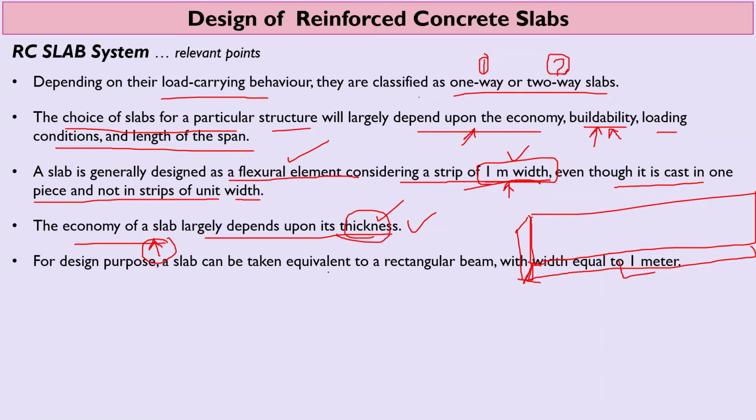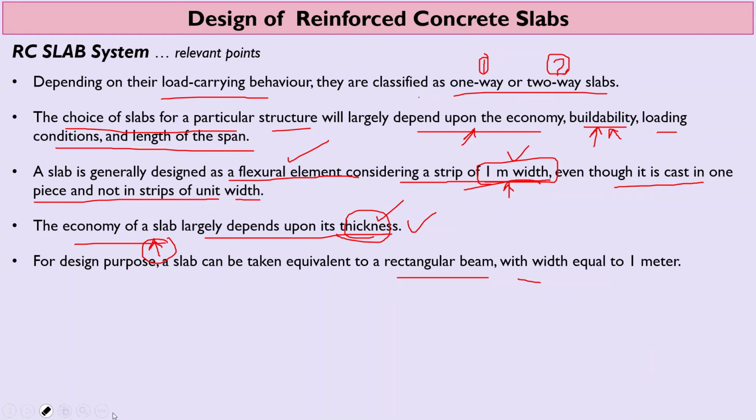So the prime factor in slab is thickness, one of the important factors which we have to take into consideration. Now for design purposes, a slab can be taken as equivalent to a rectangular beam, as I have already explained. You can design it just like a singly reinforced beam. But what changes here is the width.